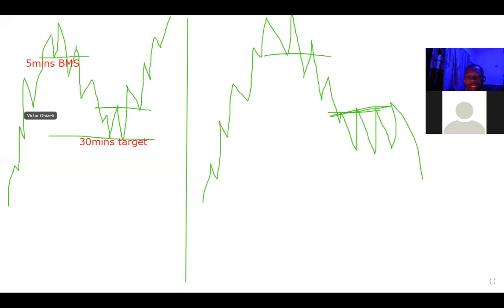And we still have this particular zone here. It's going to break the 5 minutes market structure. Then, when it gets to the 30 minutes target, this is supposed to be our 30 minutes target. But what will the market do?